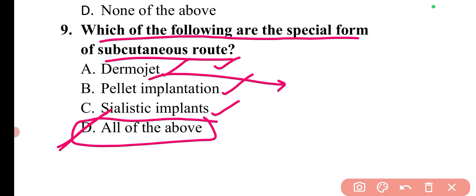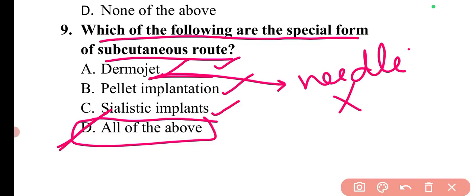So in the subcutaneous route there can be several forms. First is dermojet. What happens in dermojet? In this dermojet, needle is not used.